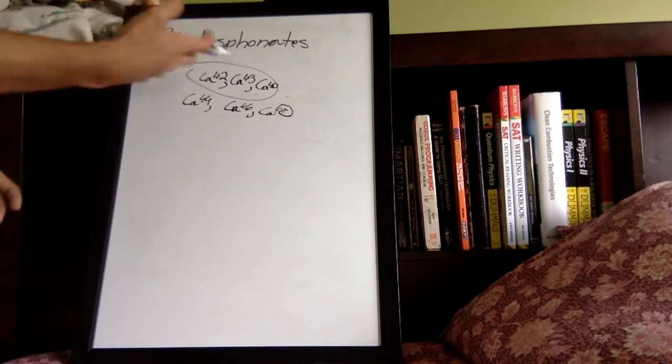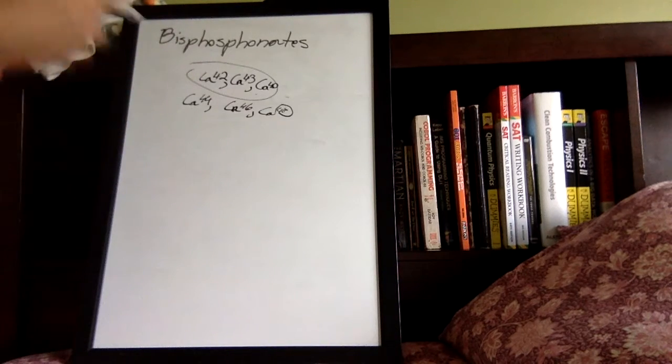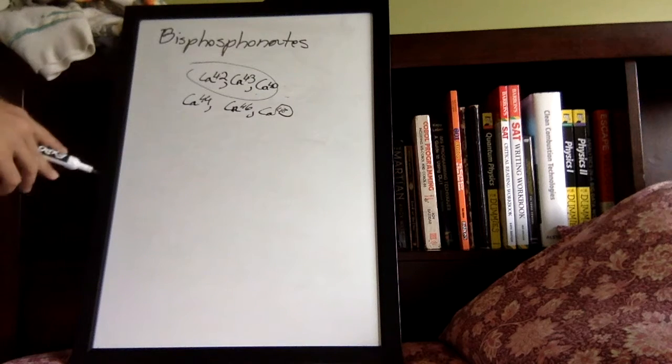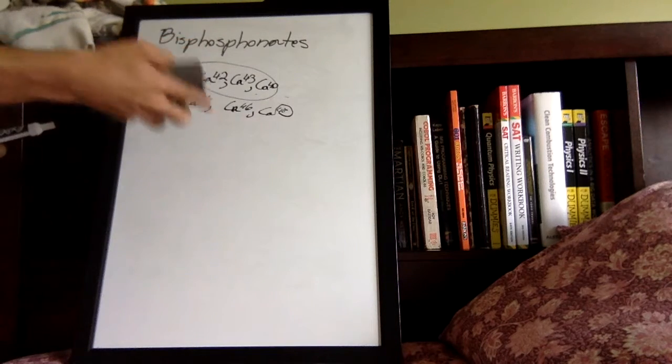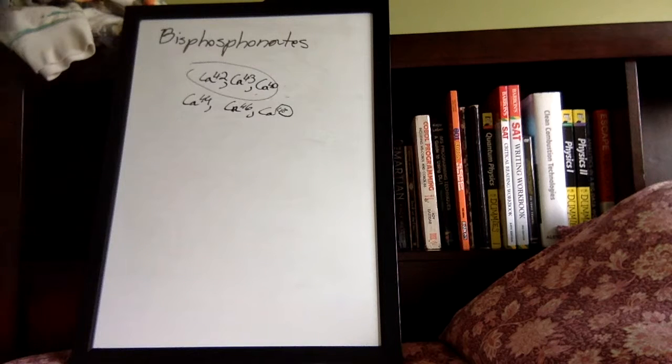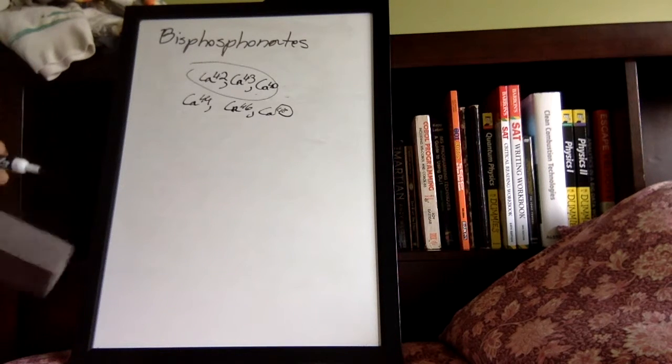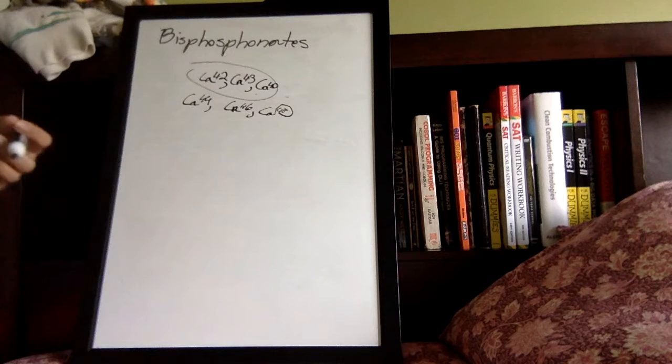The lighter isotopes diffuse back into the bone. So when the lighter isotopes are present, then we know the osteoclasts are at work. Again, we can measure this by measuring the amount of these isotopes in our urine.